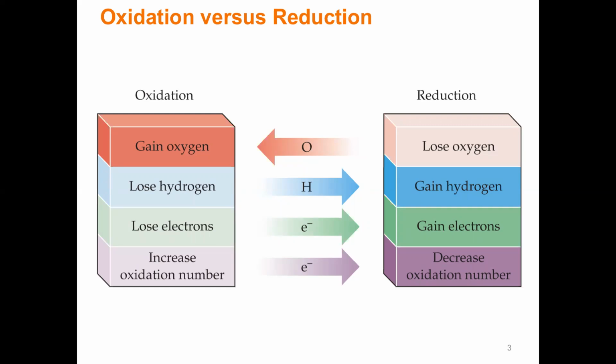But when I know of a reduction, I always think of gaining hydrogen as a biochemist. And that is another way of looking at that. So in oxidation, you're going to lose that hydrogen, and the reduction is going to gain the hydrogen, all right?